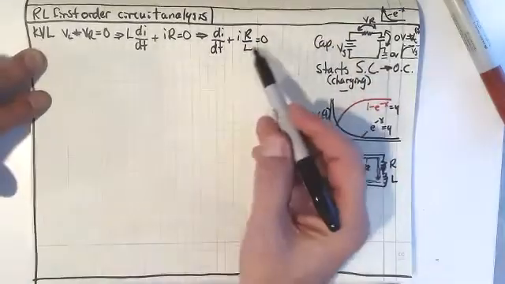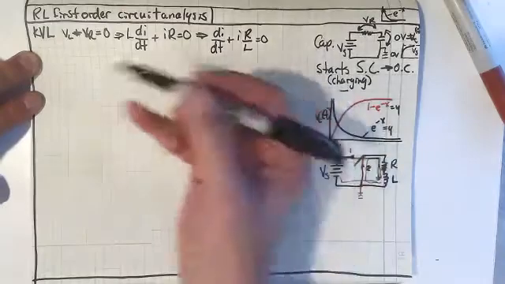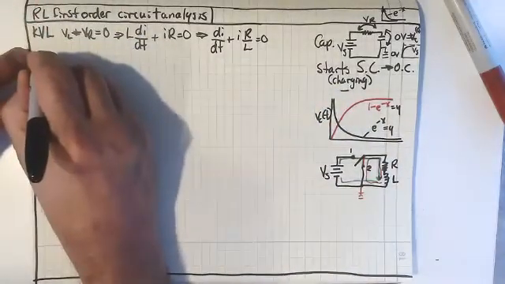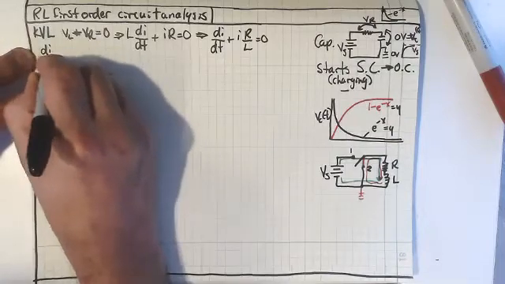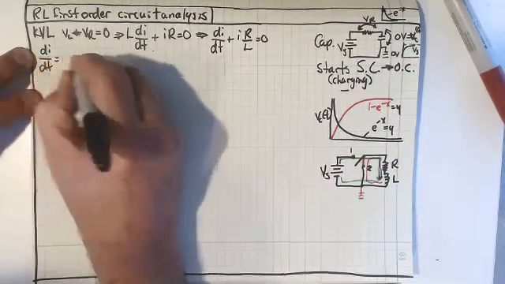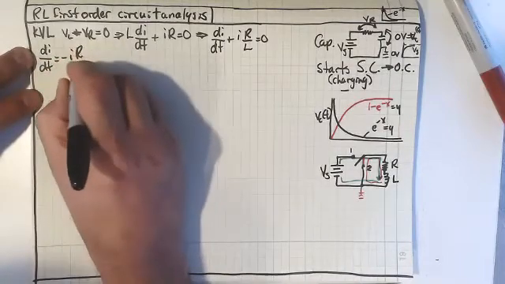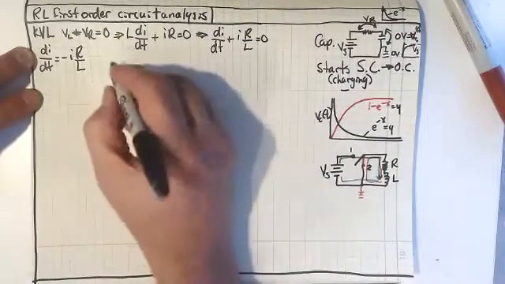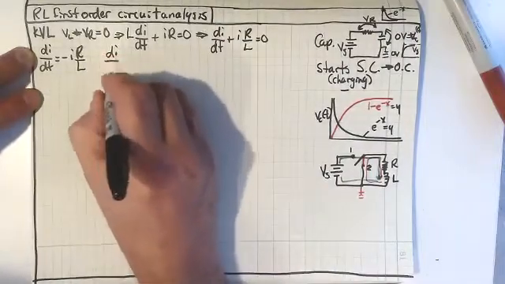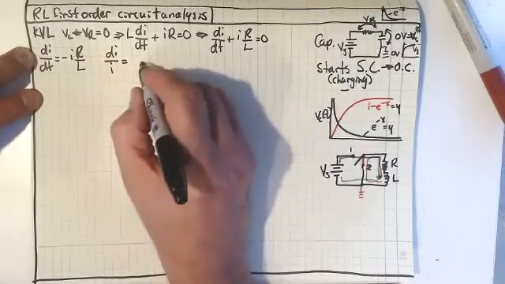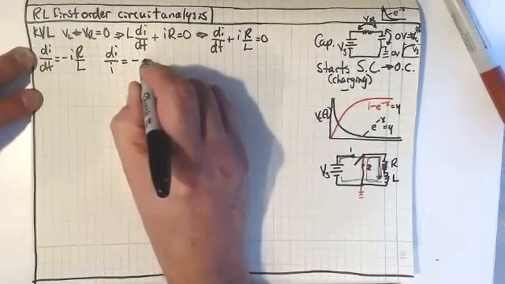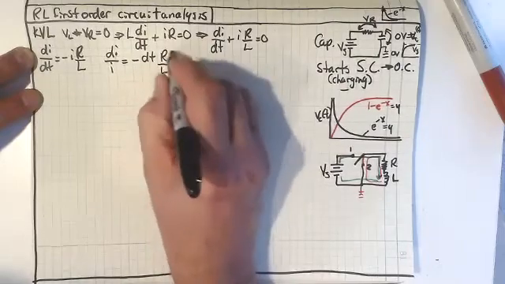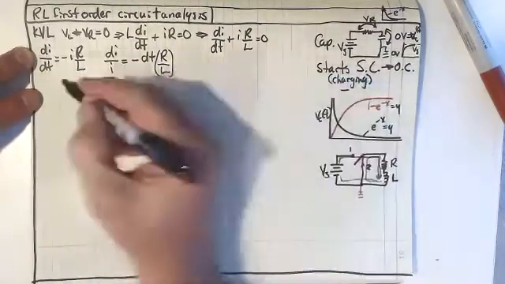All right. Now let's throw one of those on the other side. I don't really have to do that, but I can. And then I end up getting di/dt equals minus I times R over L, right? Let's switch those around. So now I get di over I equals minus dt times R over L, right? Now let's integrate both of those.